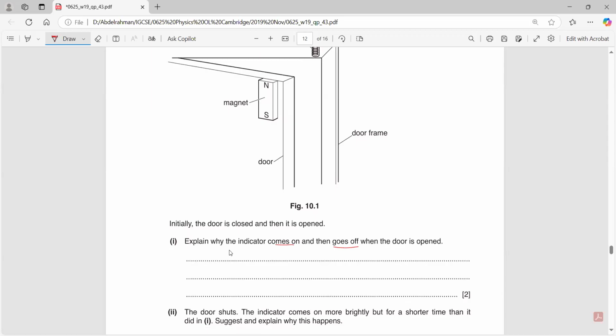This is a really nice question. It's quite easy, to be honest. As the door moves, can you see this magnet attached to the door? It has a magnetic field. As the door moves, what happens? The magnetic field cuts the coil, inducing a current or an EMF in the coil.